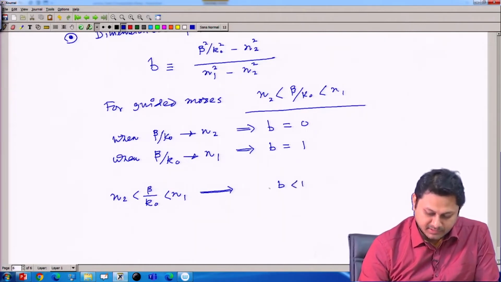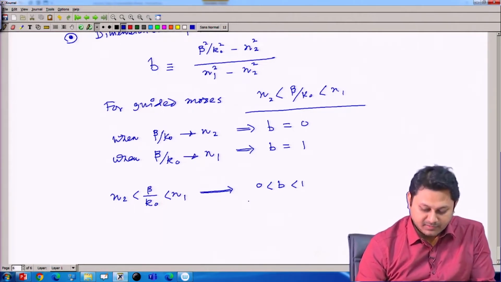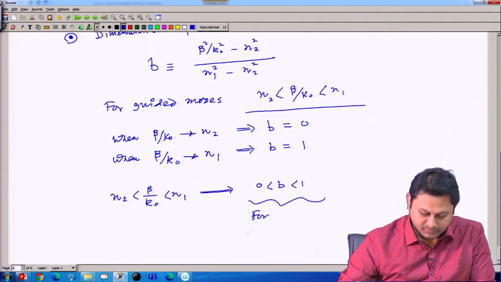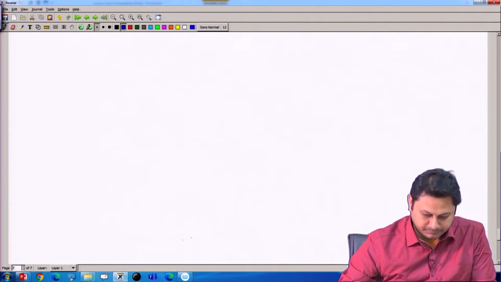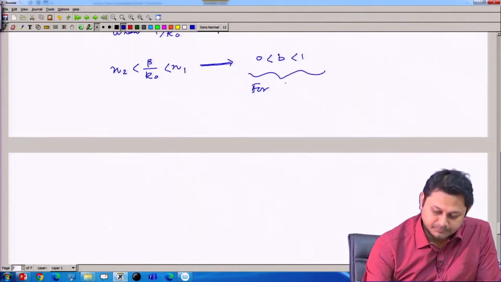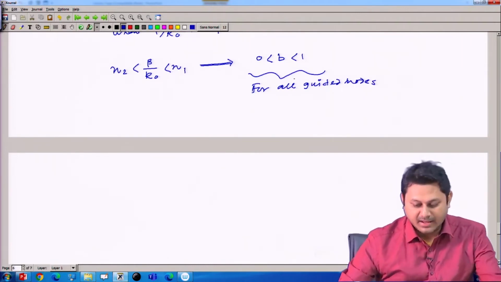Since it is dimensionless, this leads to a much simpler restriction over B, for all guided modes.